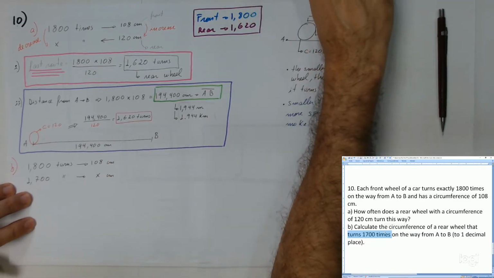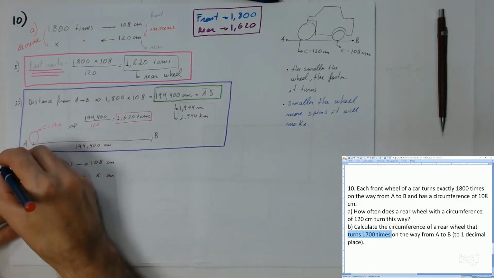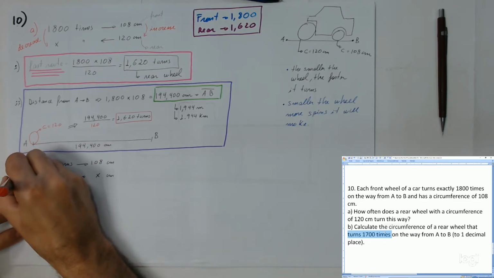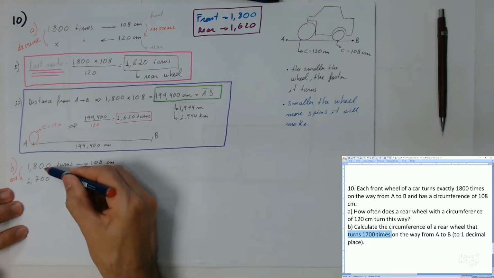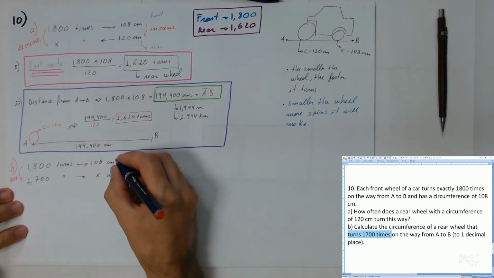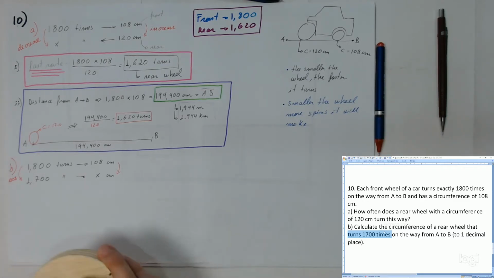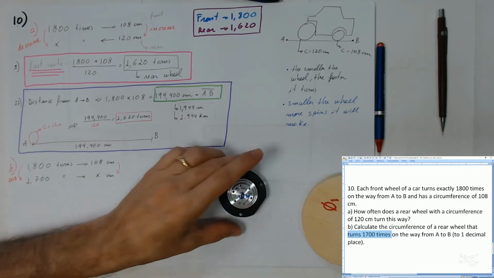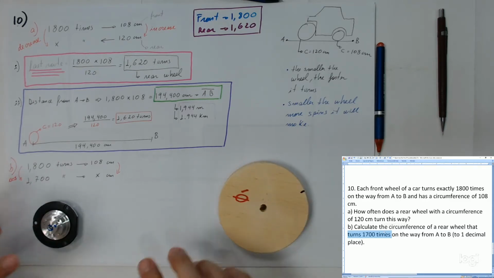Well, let's see. What is going on from here to here? We are decreasing, right? Less. Why less? Well, from this to this, we are decreasing. What is going on in here? The less turns it makes, the less turns it makes.